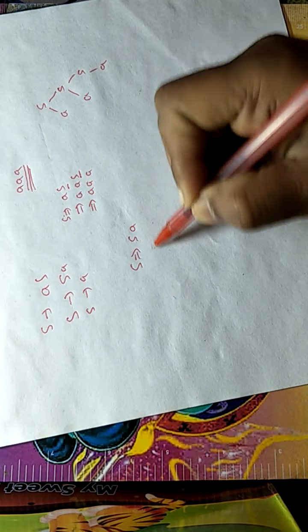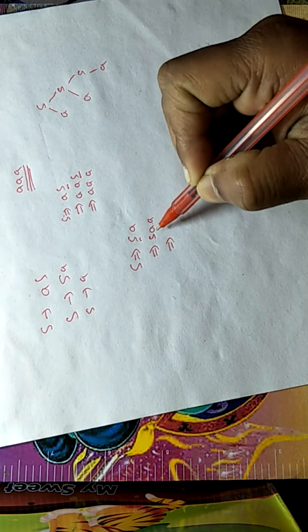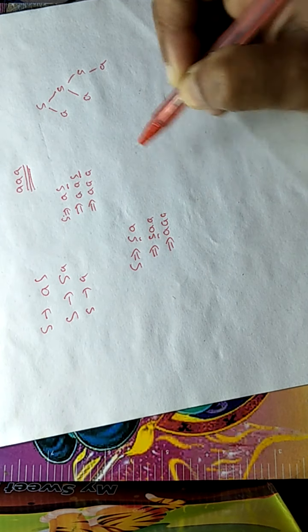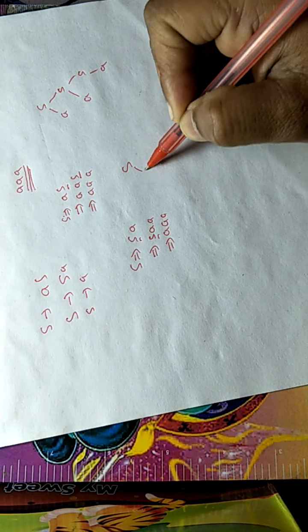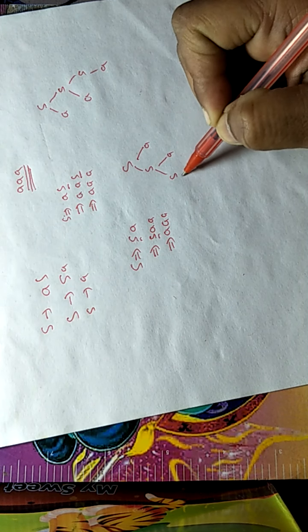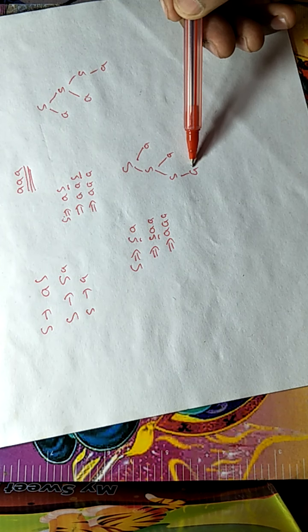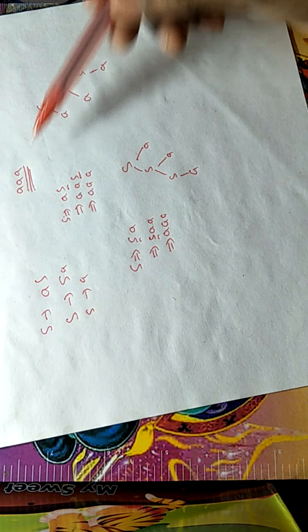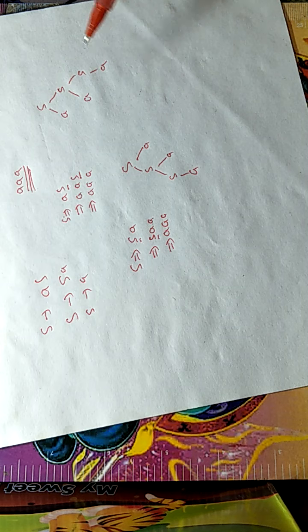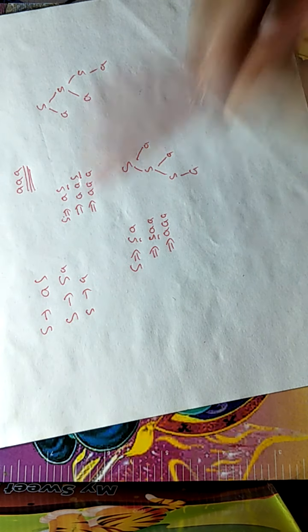S tends to SA, replacing this S by SA and replacing this S by A, and the tree will be like SA, SA and A. So this tree is different, and for the same string we have two different derivation trees. So this grammar is ambiguous.